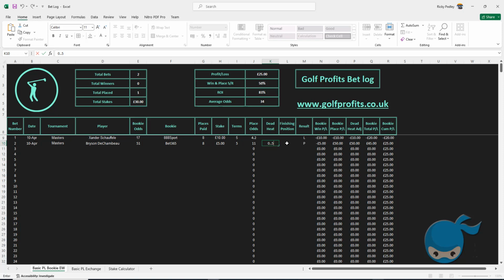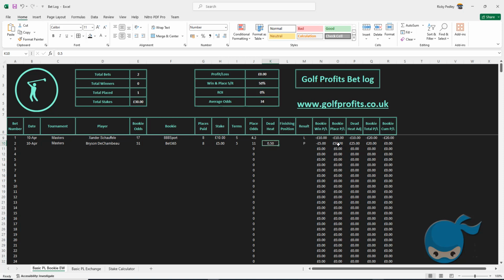So we can type that value of half into the dead heat column, and that makes the necessary adjustment in the dead heat adjustment column to reduce your profit on the place part of that bet by the percentage that you've added in there.